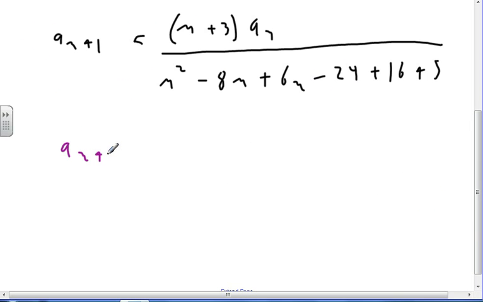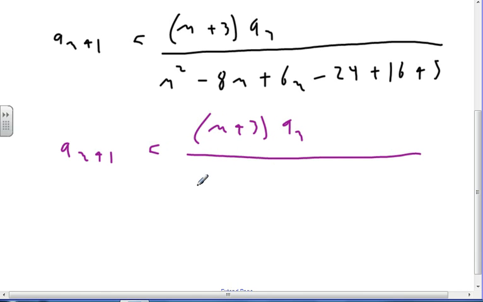So a_{n+1} equals (n+3) a_n over n squared minus 2n minus 3.